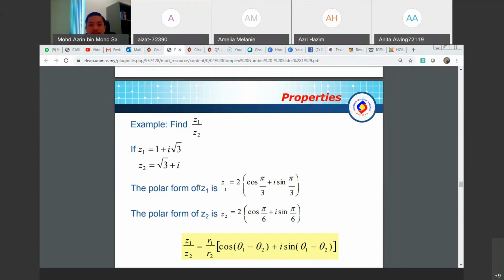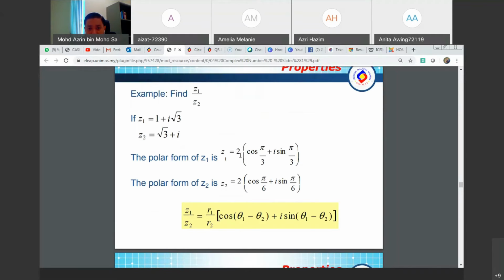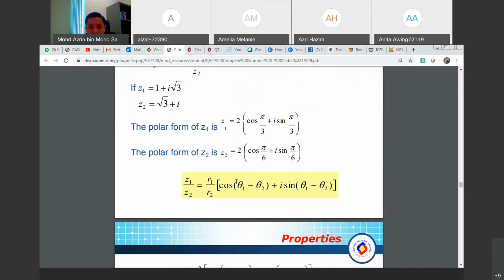So sama juga, still remember the equation tadi in terms of polar form of Z1 and Z2, just masukkan je value dia kan. So bila you dapat value tadi, theta untuk Z1 is pi over 3, theta untuk Z2 adalah pi over 6, R adalah 2 untuk R1, R2 pun 2.